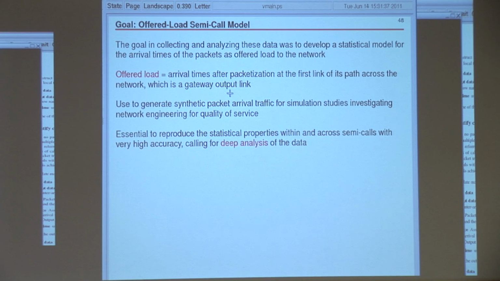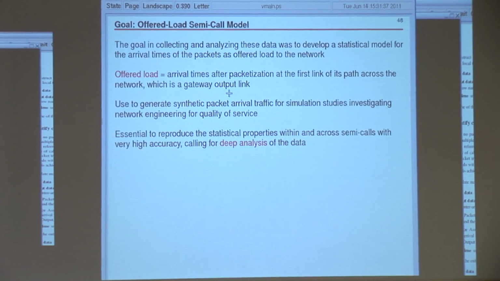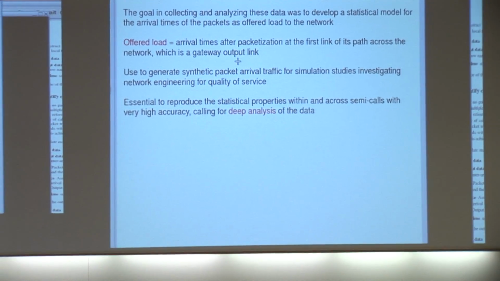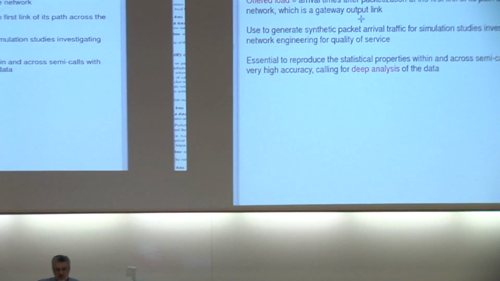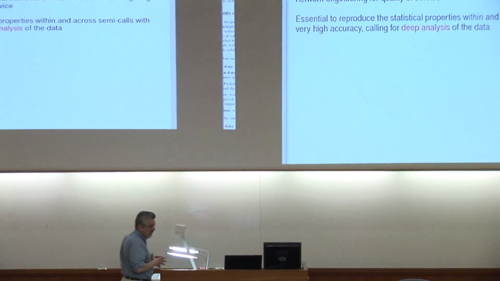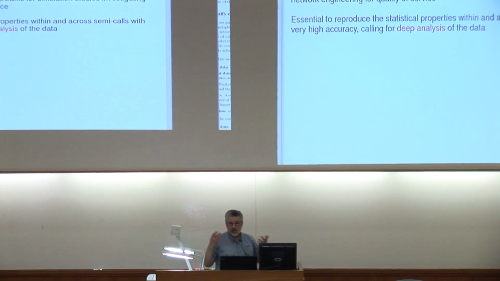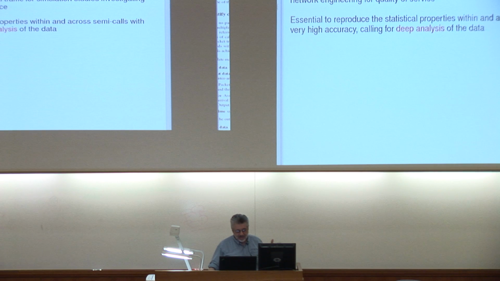So the gateway finishes its job, and then it sends it out to a link, to an interface. So it's when it arrives at that interface, before any queuing that might occur in that interface, that's the offered load arrival time process.